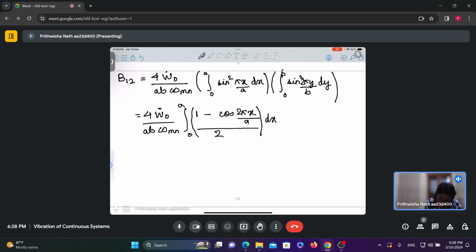This is for the x term, and for the y term, how can we write this?